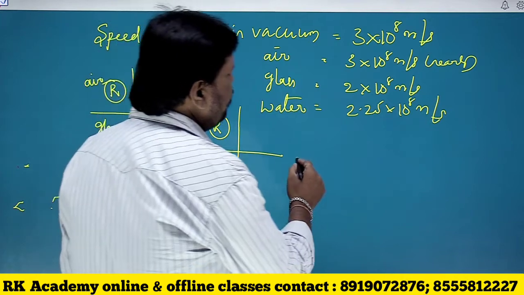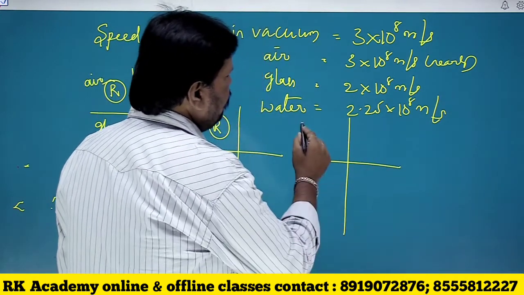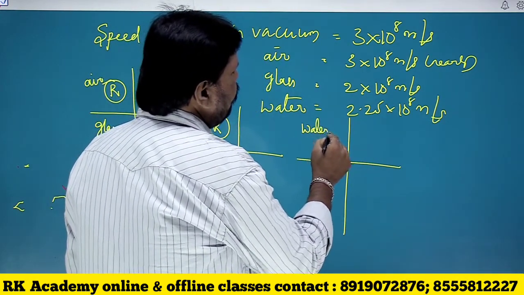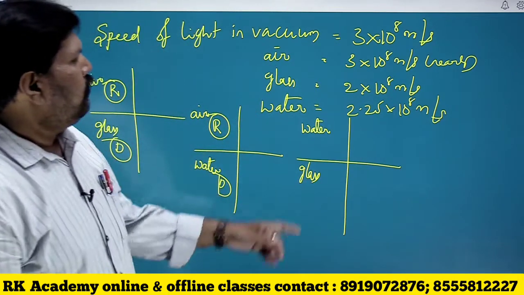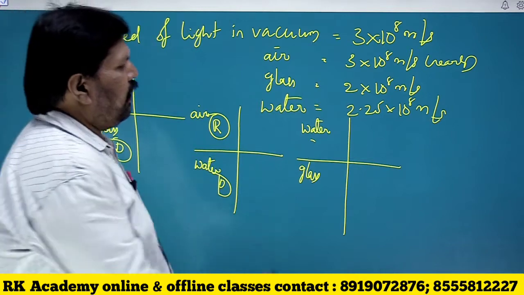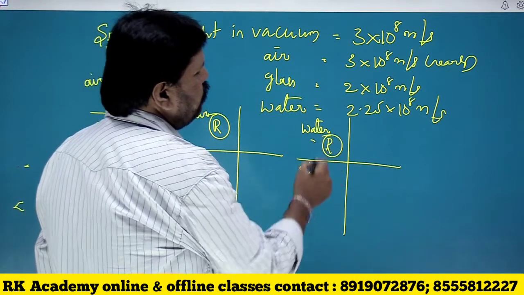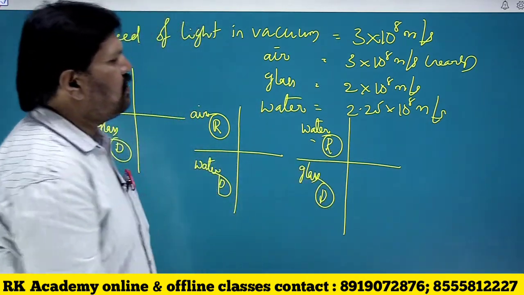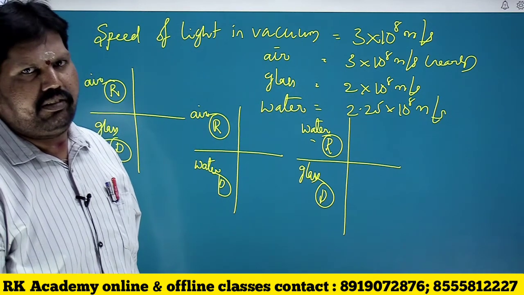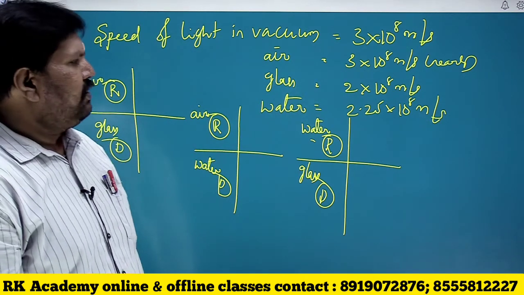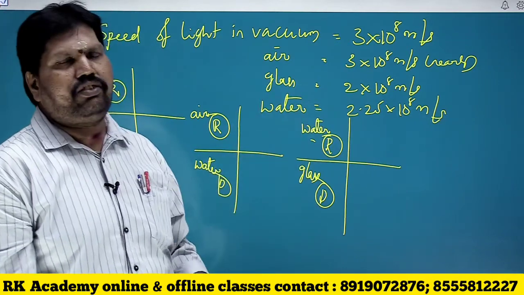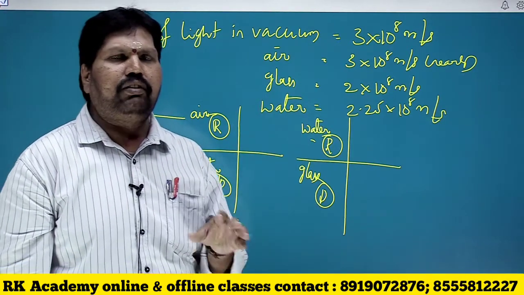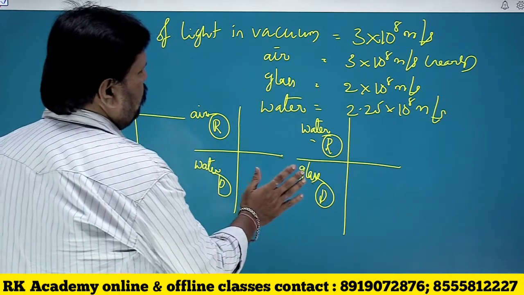Or if I consider the two media, one is water and another is glass. Now the speed of light is more in water. Here water is considered to be rarer and glass is considered to be denser. So this rarer and denser medium will be considered with the knowledge of the speed of light in that particular medium.